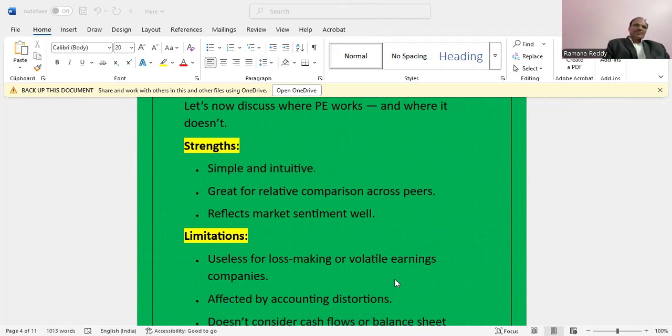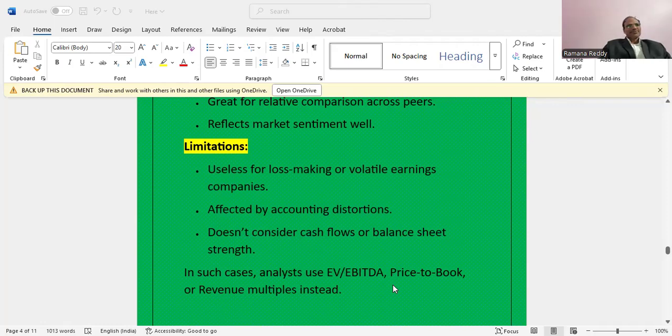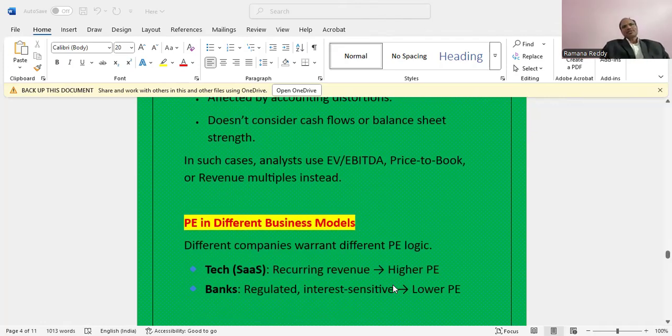Limitations: not useful for loss making or volatile earning companies affected by accounting distortions. Doesn't consider cash flows or balance sheet strength. In such cases, analysts use EV to EBITDA, price to book, or revenue multiples instead.